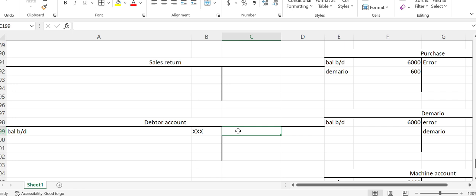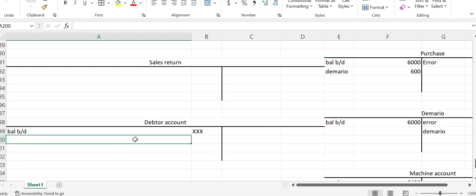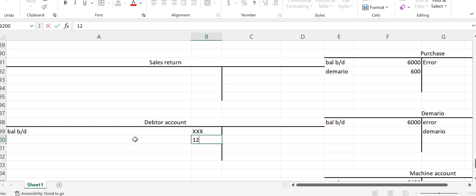To correct that error, you are supposed to debit. If goods were returned, the debt owed by the customer is supposed to be reduced by the amount of goods that was returned, that is 1200. But instead of doing that, they debited the 1200. The 1200 was appearing on this side.